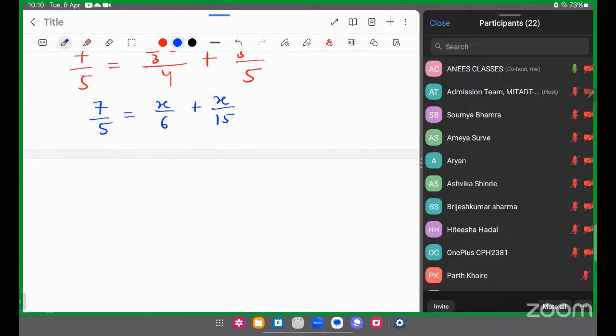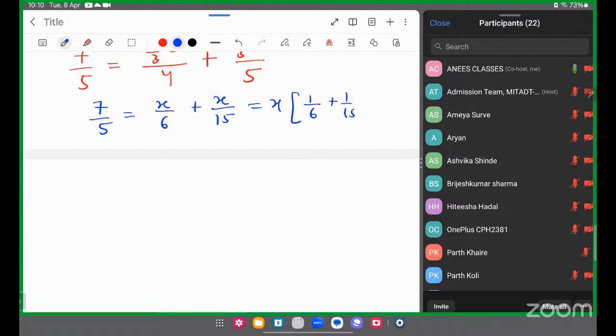Okay. Now take x common. This will be 1 by 6 plus 1 by 15. Simplify. 7 by 5 is equal to x into 15 plus 6 divided by 15 into 6.